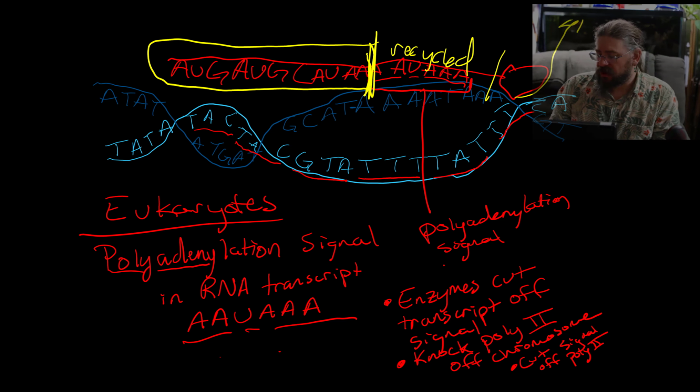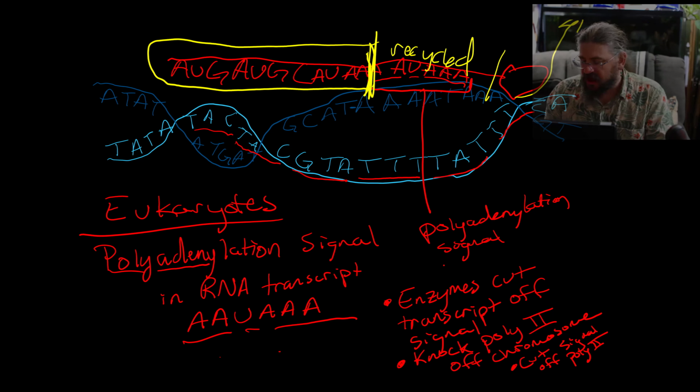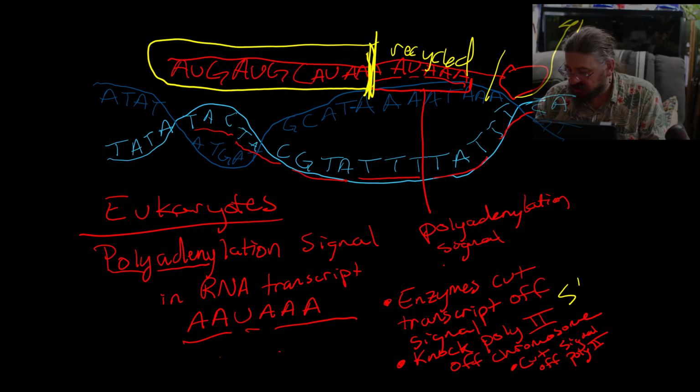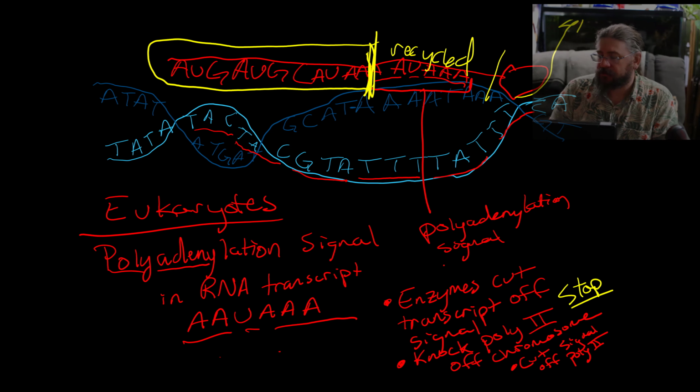It's not even important to know that the enzyme is cutting the signal off of polymerase 2. The important thing to know is that our enzymes cut the transcript off from the signal, so the signal is not part of our transcript, and that they knock polymerase 2 off the chromosome in order to stop transcription. So, there we go.